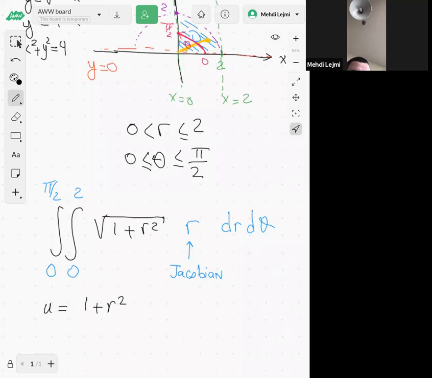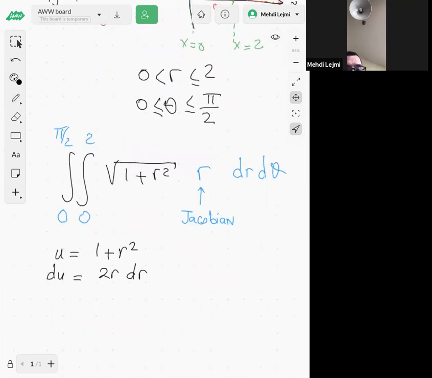So then du is just 2r dr, and so you're going to have this double integral of the square root of u, and r dr would be half of du.